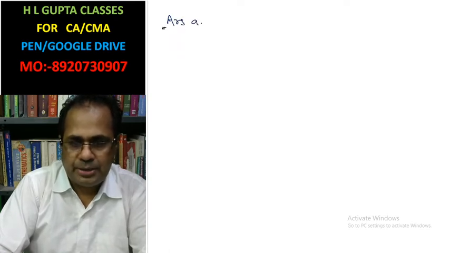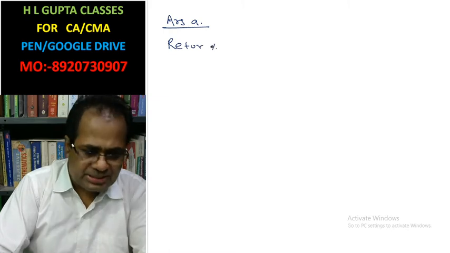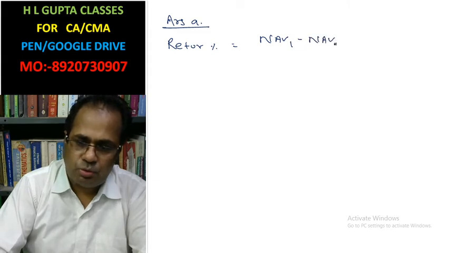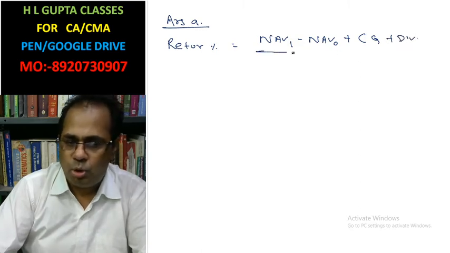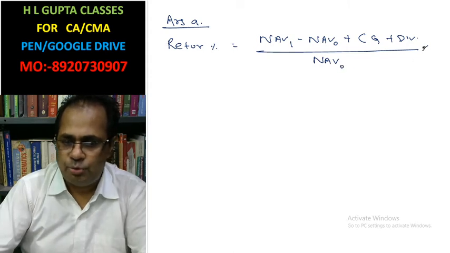Answer of part A. Return percentage equals net asset value 1 minus net asset value 0 plus capital gain distribution plus dividend, whole divided by net asset value 0, into 100.